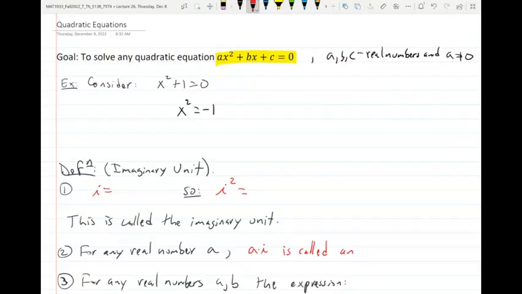So x is the square root of -1, and there could be two possibilities, the positive and the negative, because when you square both sides, the square kills the positive and the negative. But remember the problem that we encountered at the very beginning, that this is not a real number, right? That's why we didn't say it does not exist. We just say this is not a real number.